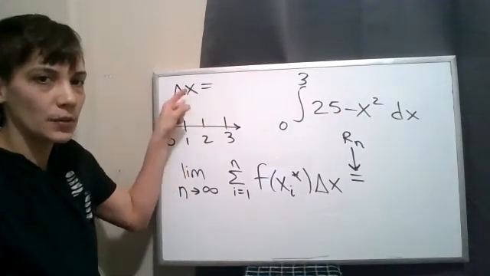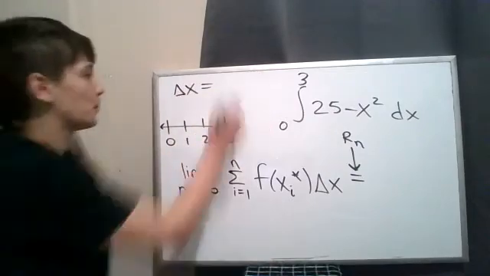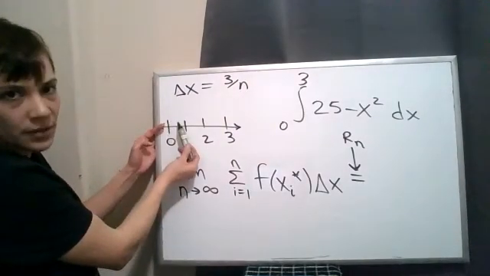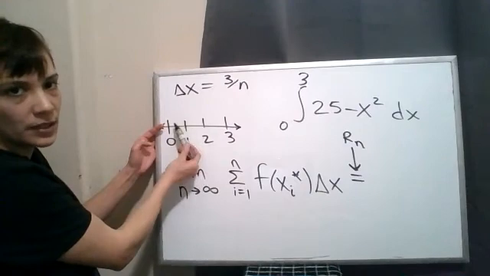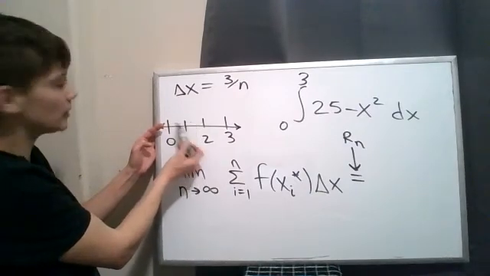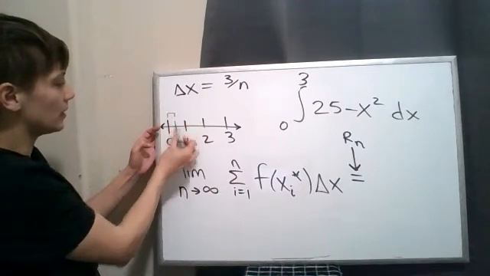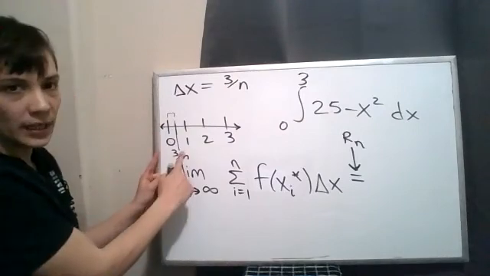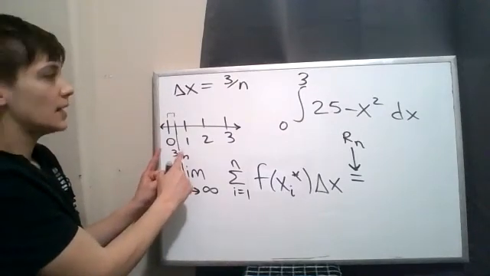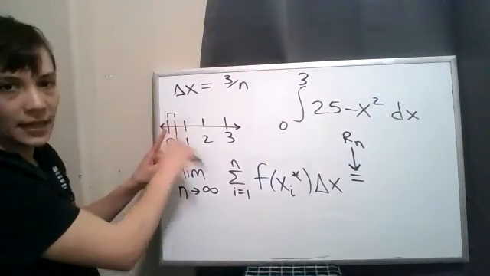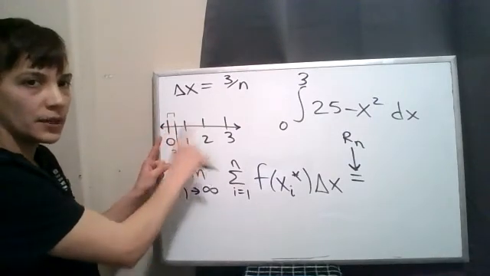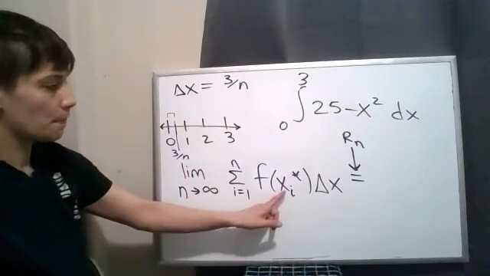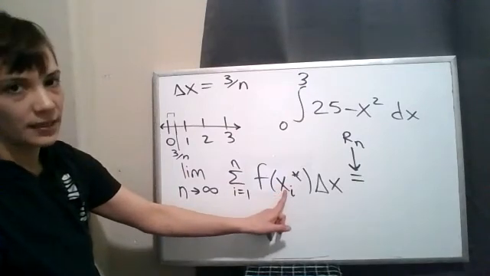So we need 3 subtract 0 divided by n, 3 over n. Okay, so from 0, we add 3 over n and 3 over n and 3 over n. So let's talk about the very first subinterval from 0 to 3 over n. The right-hand endpoint is 3 over n. And then the next right-hand endpoint is adding another 3 over n. So we have 6 over n. So we want to put in 3i over n.